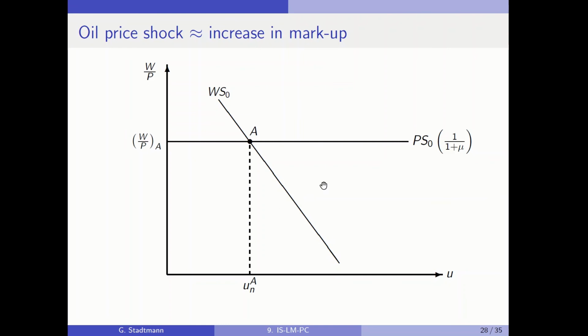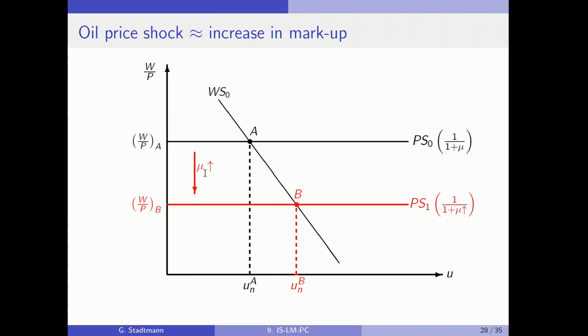So we are once more in this labor market setting. The markup increases, this parameter mu or m, and this leads to an effect on the price setting curve. The price setting curve shifts downwards. In the end, the real wage decreases and the natural level of unemployment increases.